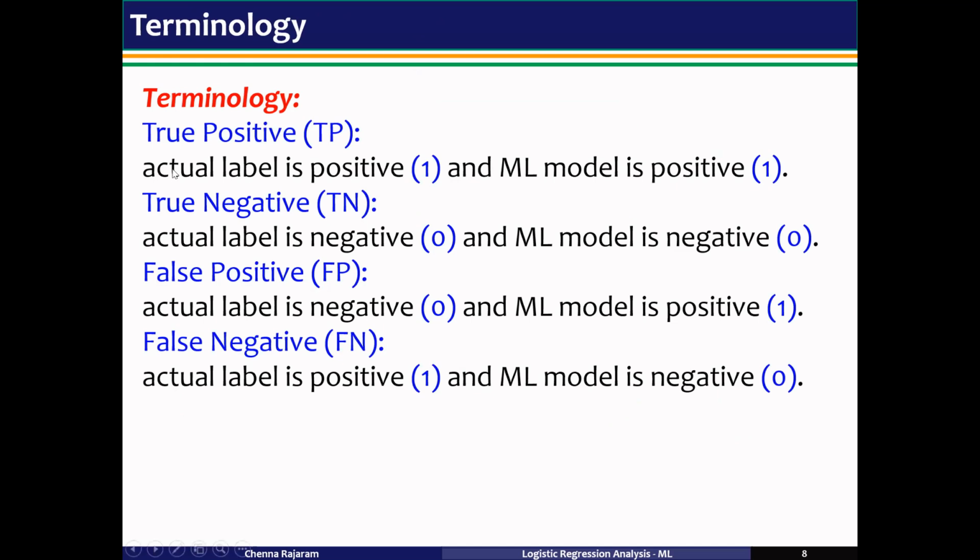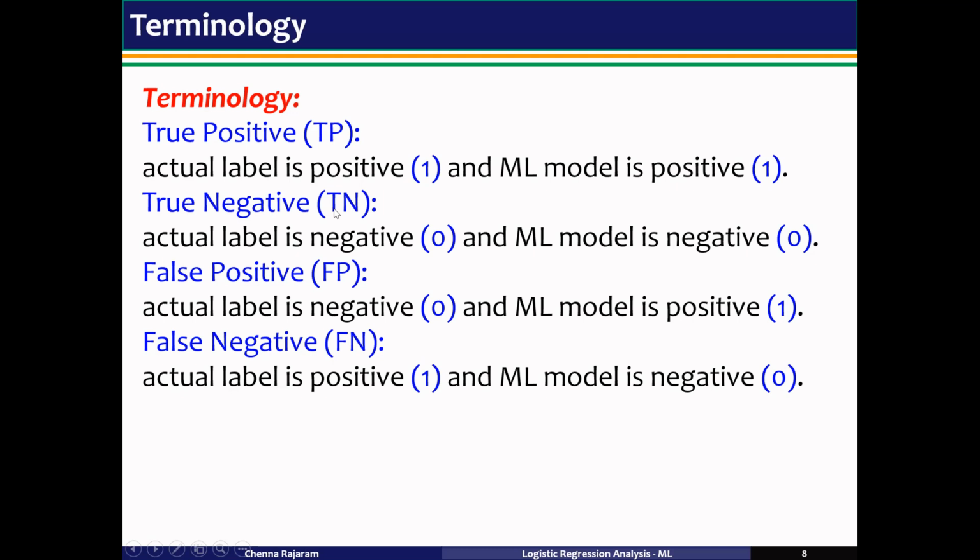Before going to solve a numerical problem, we need to understand the terminology in logistic regression analysis. First one, true positive, which is denoted as TP. It means the actual label is positive, that is 1, and the machine learning model is positive, that is 1.